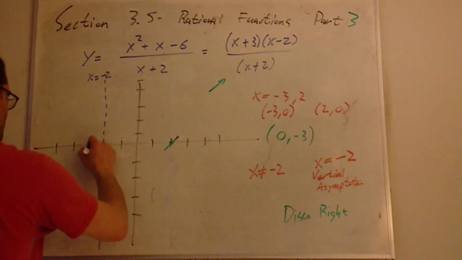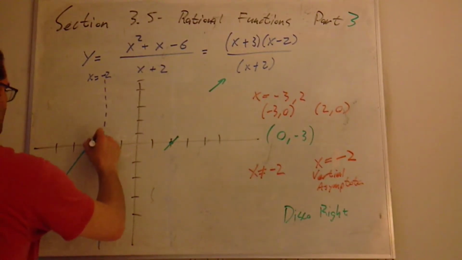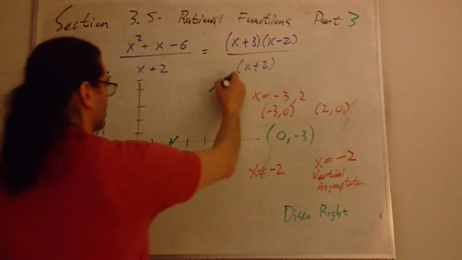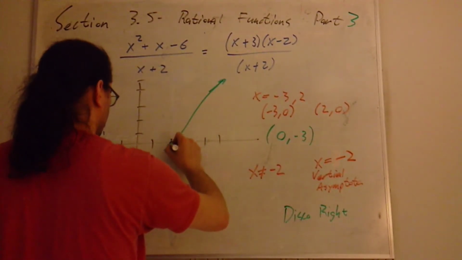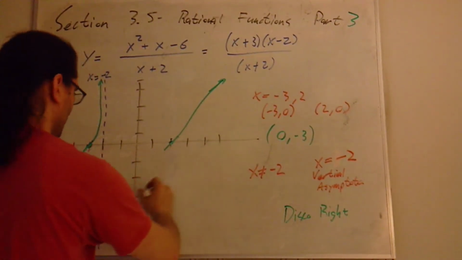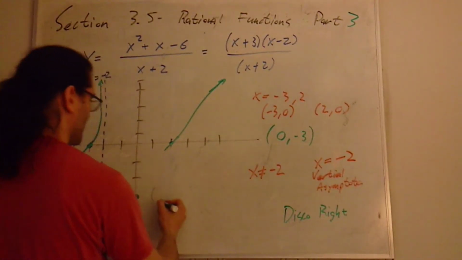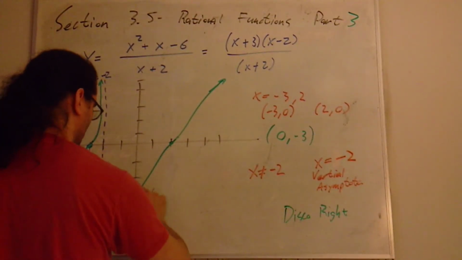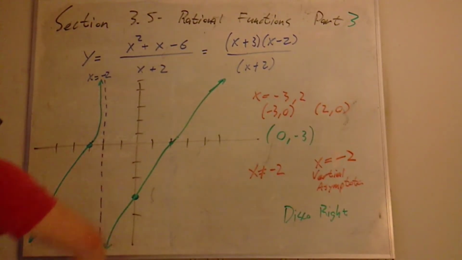Makes sense that it crosses here so that it can go down on this side, and it's probably going up here. On this side, I'll connect this. Oh, I missed a point. -3, 0. There we go. There's my other point, which is perfect because I can come down here and catch that, and then follow that asymptote straight down.